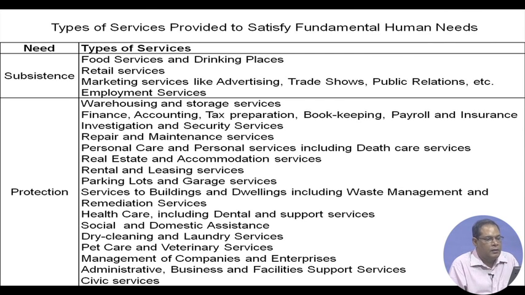Then the need for protection. Warehousing and storage services, finance, accounting, tax preparation, bookkeeping, payroll and insurance, investigation and security services, repair and maintenance services, personal care and personal services including death care services, real estate and accommodation services, rental and leasing services, parking lots and garage services, services to buildings and dwellings including waste management and remediation services, healthcare including dental and support services, social and domestic service assistance, dry cleaning and laundry services, pet care and veterinary services, management of companies and enterprises, administrative, business and facility support services and civic services.